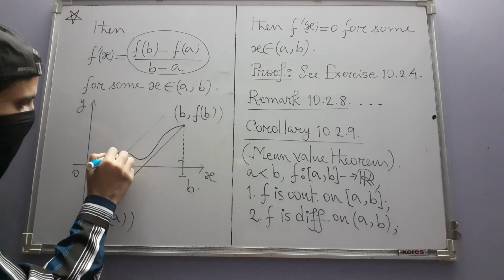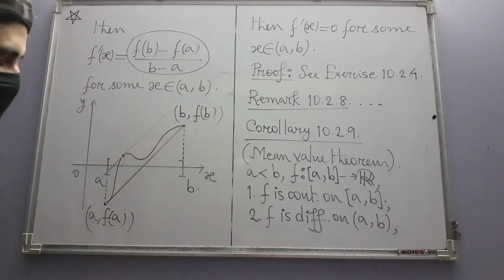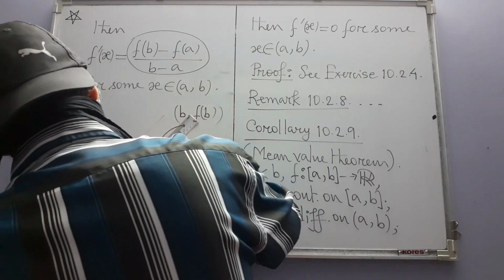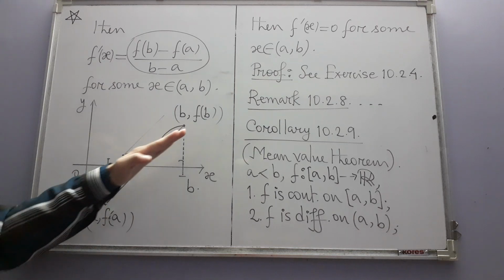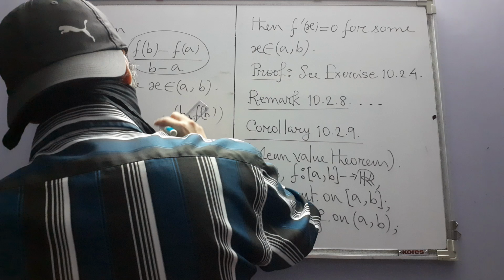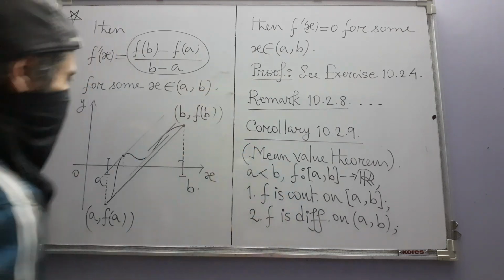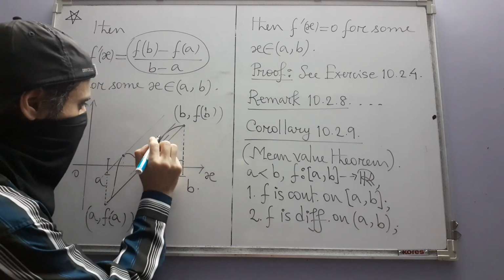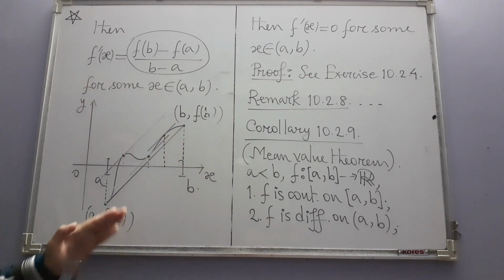This is a tangent to the graph at this point, which is parallel to this secant line. There is another one also. This one. And in fact, there is another one also. But at least one will be there. That's what the mean value theorem is claiming. There are 3 points at which the tangents are all parallel to the secant.